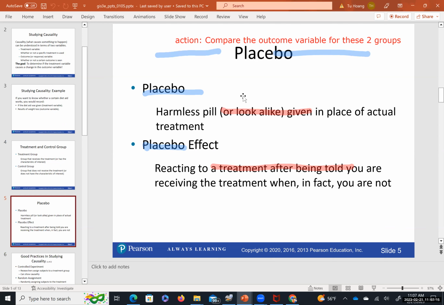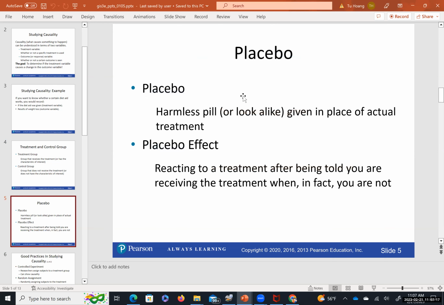Okay, so this is talking about a placebo. A placebo is a pill or lookalike given in place of the actual treatment, right?